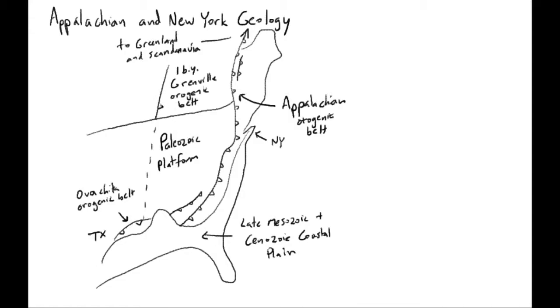And that has a sort of thrust relationship with the 2.4 billion year old Superior province. And we can see that this suture, this boundary between these two really old Precambrian zones, continues underneath the sediments that were deposited in the Paleozoic.